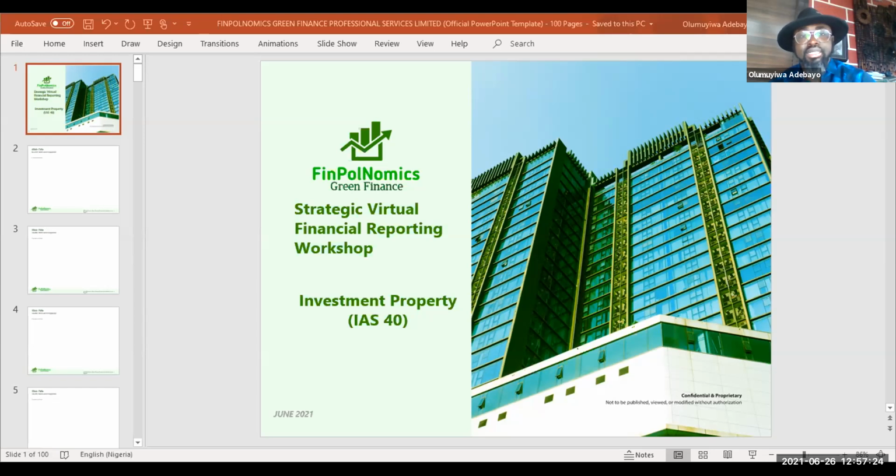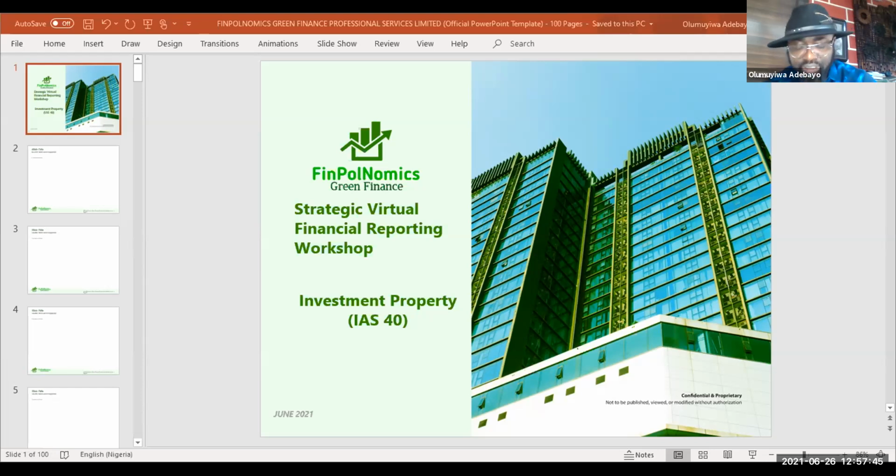Secondly, property that is developed for the sole purpose of selling in the ordinary course of business will qualify as inventory, because the objective of such development is to develop and sell. That does not qualify as investment property.